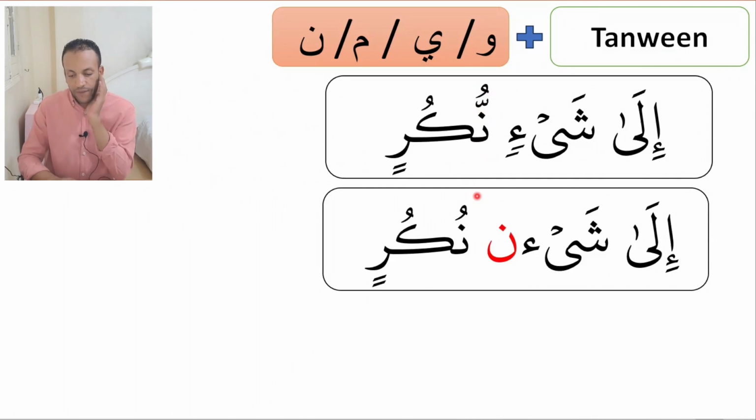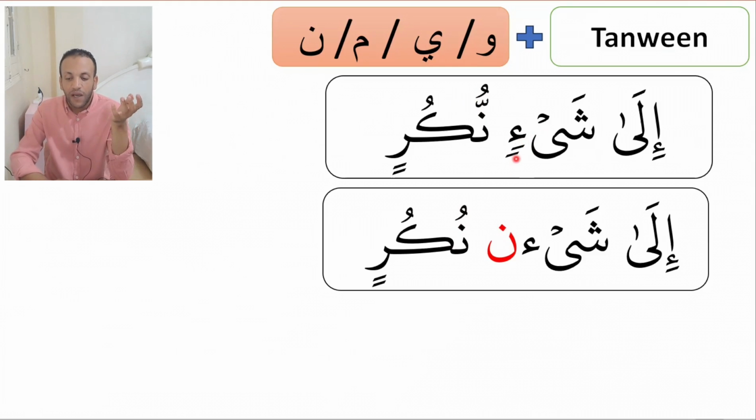So if I tell you to divide for me the rule of shadda, you will write it like this. One here consonant, one here with vowel. The consonant one is of the tanween. So consider that you change the tanween and make it like the following letter. The following letter is noon, and the word itself starts with noon.